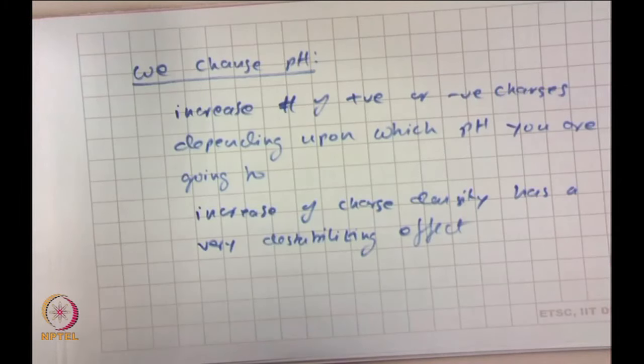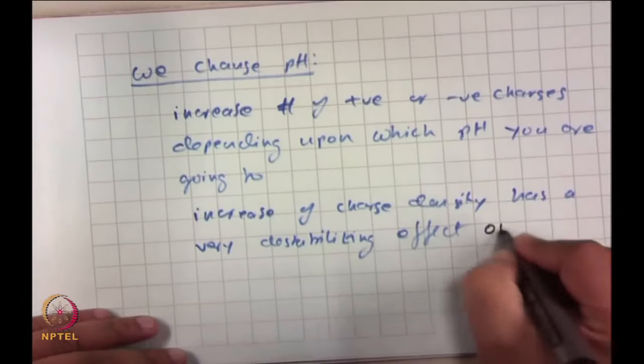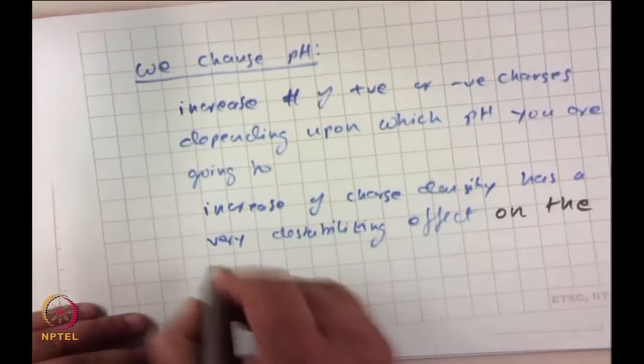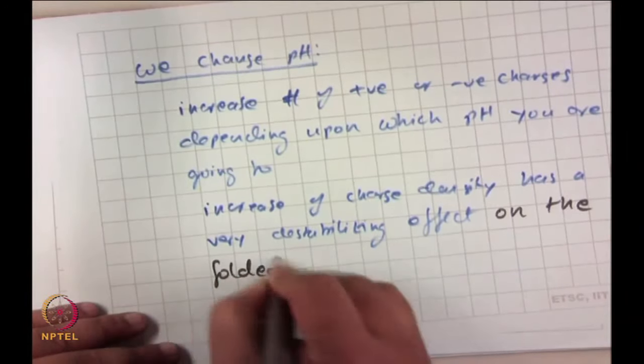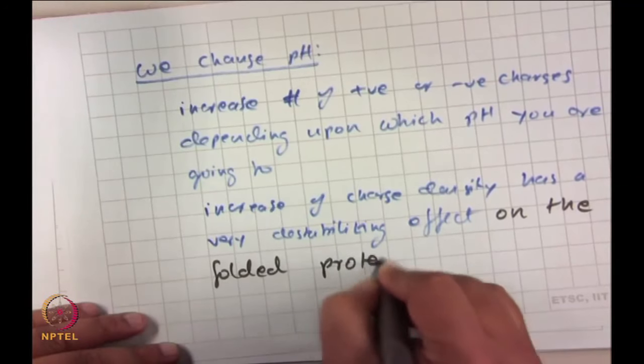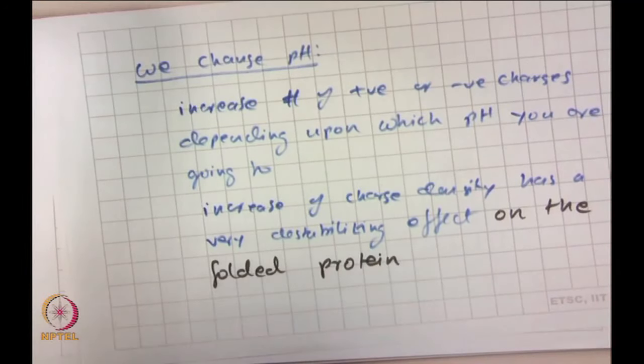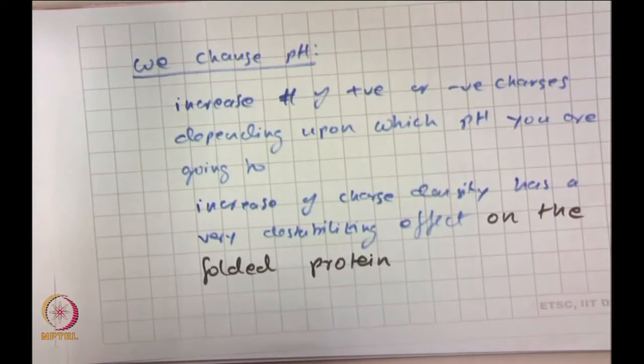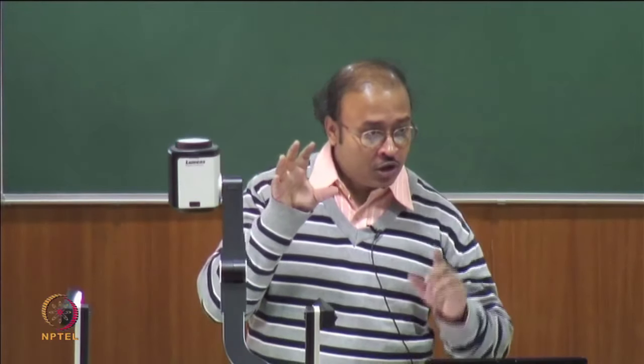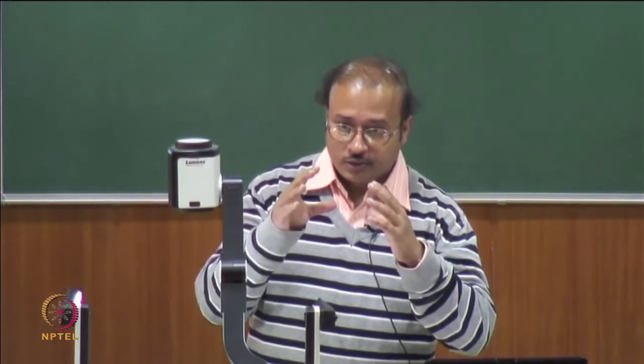Okay. Now, what do I mean by that? What I mean is, remember, a folded protein is a compact protein, right. So, volume is small.